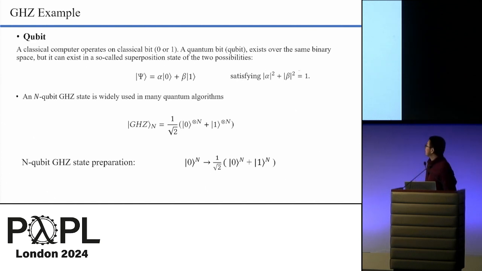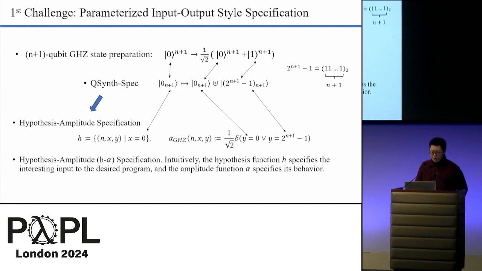So we usually use the map below to express this n-qubit GHZ state preparation. Since in practice, all of the qubits are usually initialized in state 0, in this state preparation we want to generate an n-qubit GHZ state from the n-qubit 0 state.